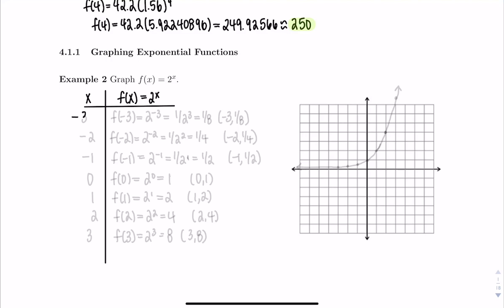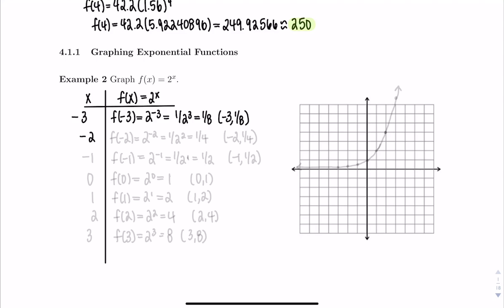So when x is -3, we have f of -3, which is 2 to the -3. And we know with our exponent rules that this is really 1 over 2 to the +3, or we get 1/8.